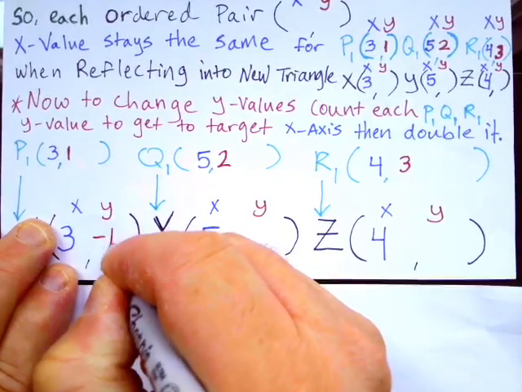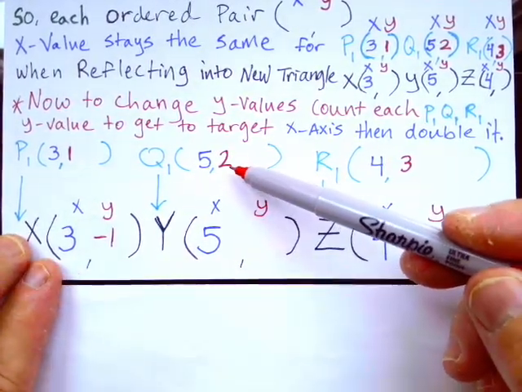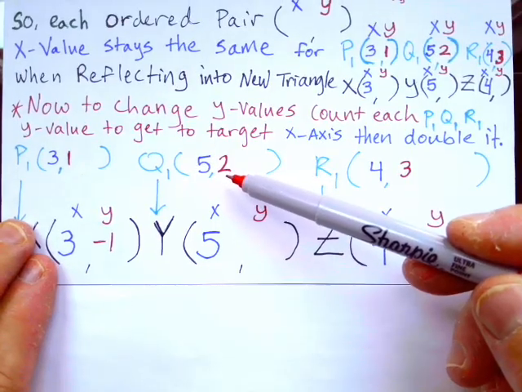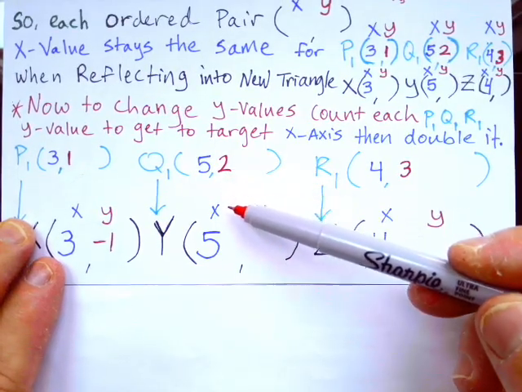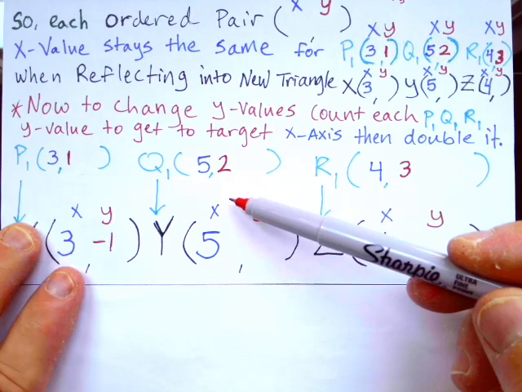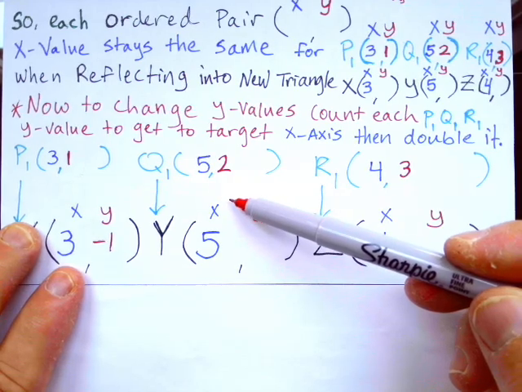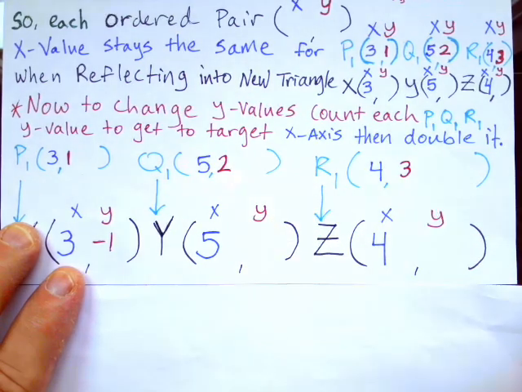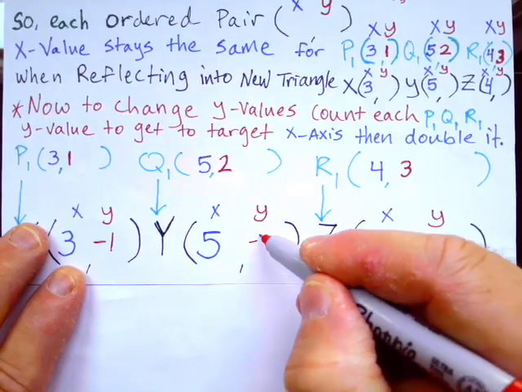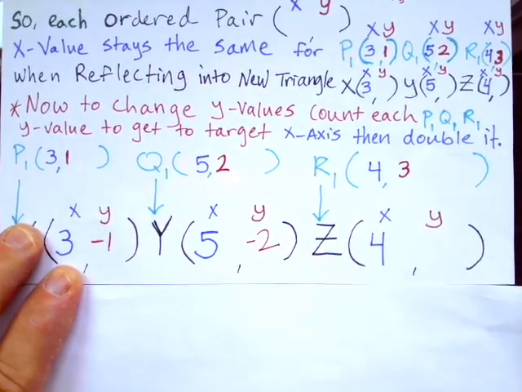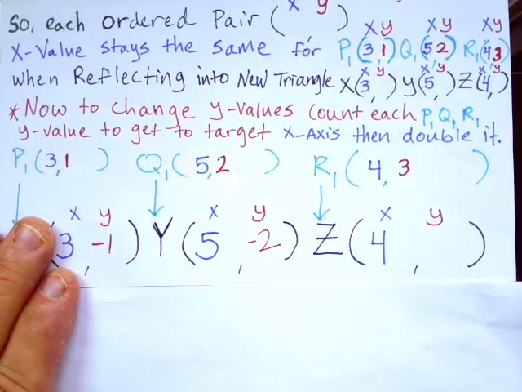Oh, my pens are dying. I need new pens. For the y value of 2, to get down to the x-axis, you count 1, 2 to get to the x-axis, and then you count exactly 2 away. 1, 2. That would be a y value of -2. Okay.